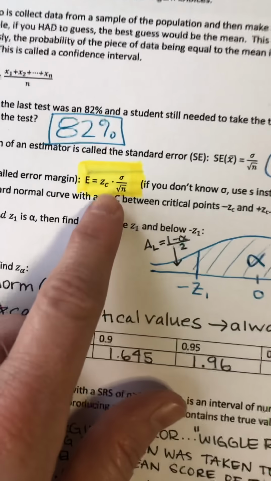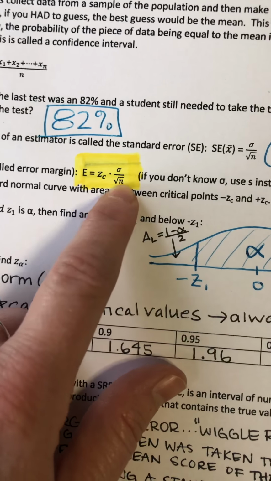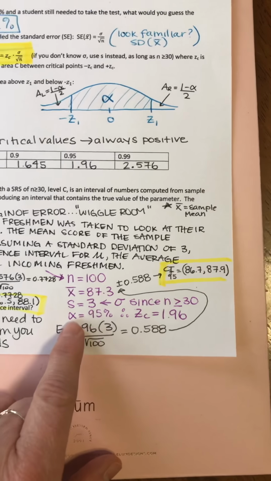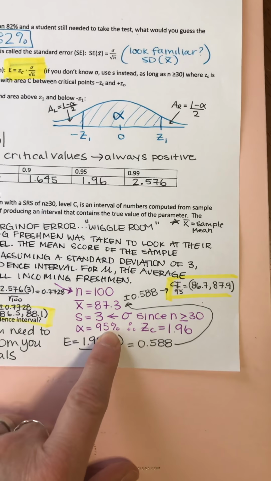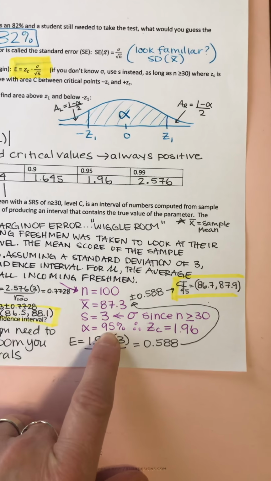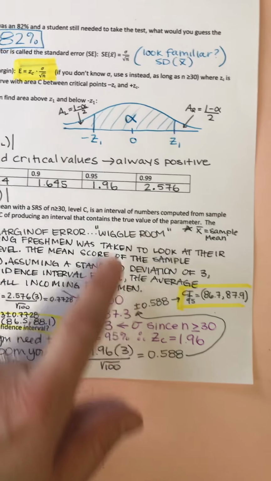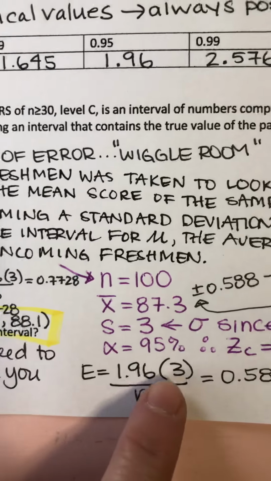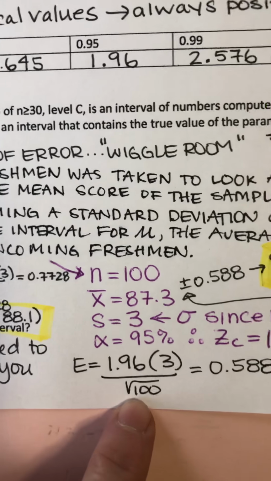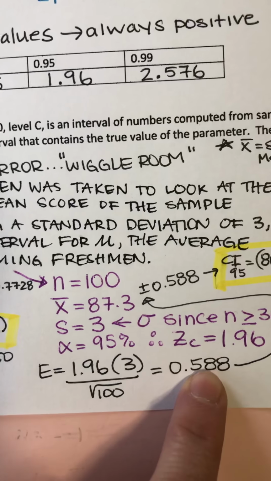And again, remember the formula, z sub c times the standard deviation over the square root of n. And then it tells us to do this for alpha, the confidence level being 95%, which means the critical value we should use is 1.96. So to calculate this margin of error, we do 1.96 times 3 over the square root of 100, and we get the margin of error.